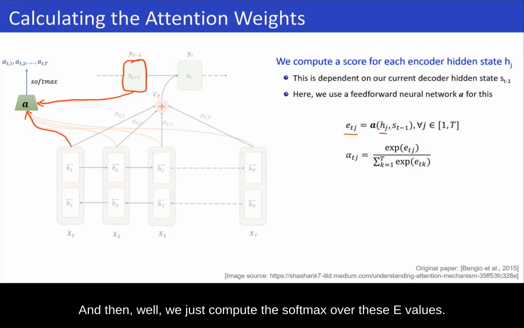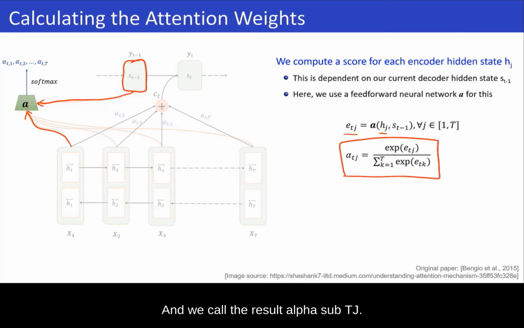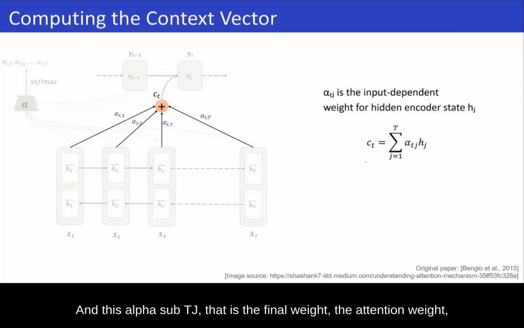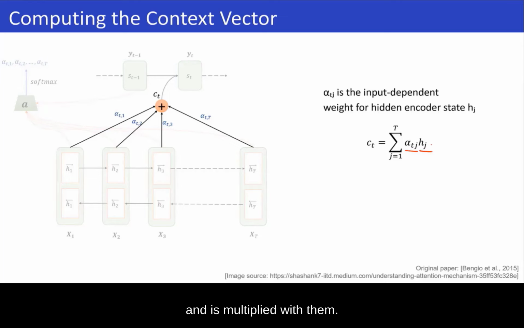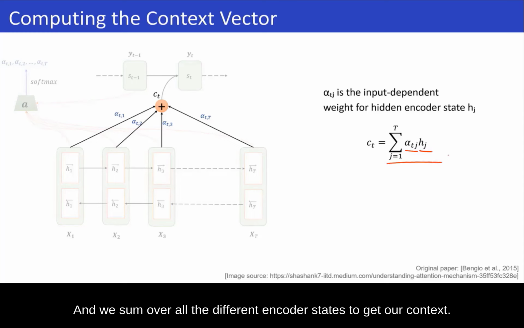And then, well, we just compute the softmax over these e values, and we call the result alpha sub tj. And this alpha sub tj, that is the final weight, the attention weight that is given to each of the individual context vectors and is multiplied with them, and we sum over all the different encoder states to get our context.